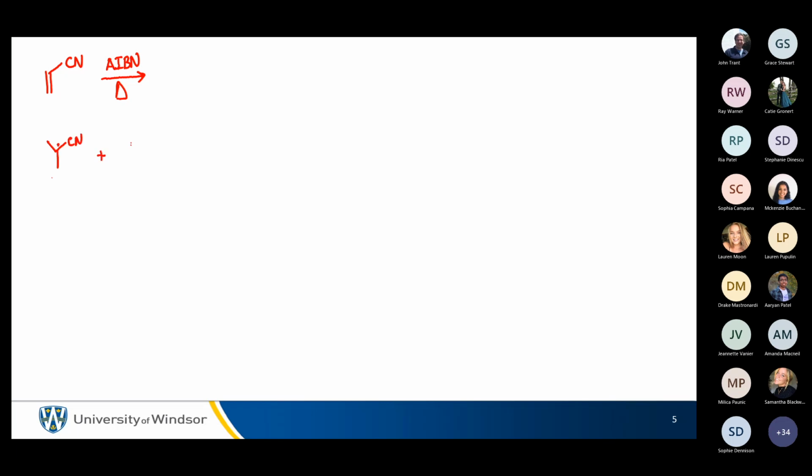It takes a look around at what this thing's got. There's no hydrogen on any of this to do that kind of allylic radical thing that we just saw. It's only got the double bond. It reacts with the double bond. It generates the more stable radical.